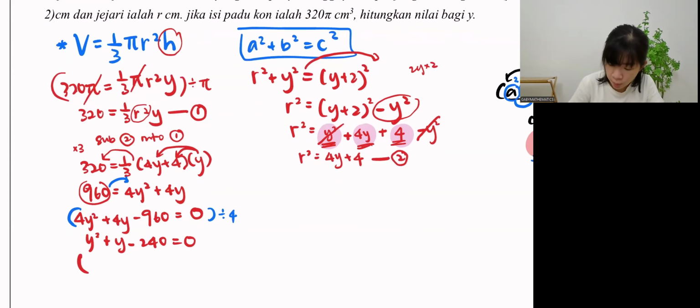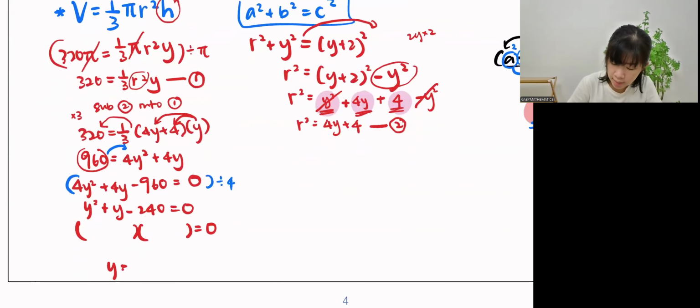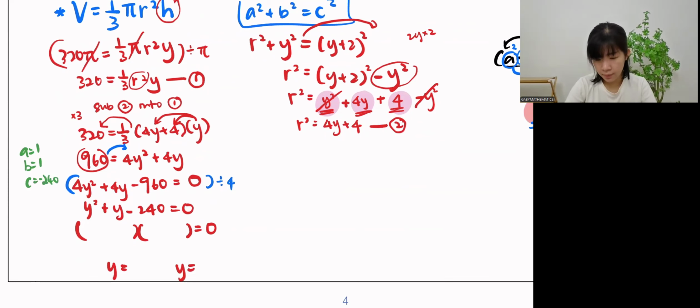Then now open 2 brackets equals 0. So y, how much? y1, y2. The a is 1, b is 1, c is negative 240. So we get the first answer 15, another one is negative 16.